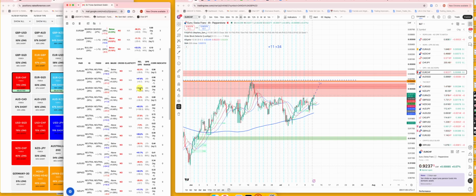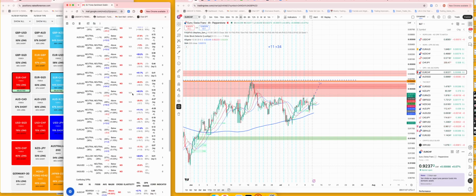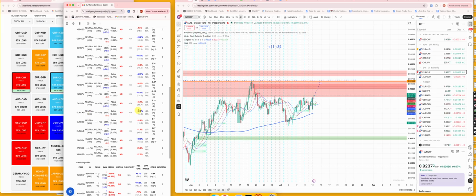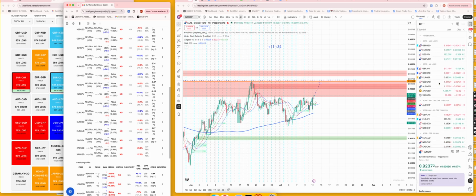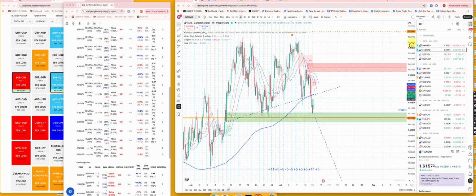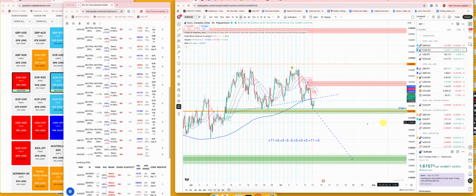Euro CAD, where are you? Neutral, plus 11. One indicator, where are you? Euro CAD. Okay, so we've dipped below the moving average, but we're close to it, so we'll keep it in that bucket.